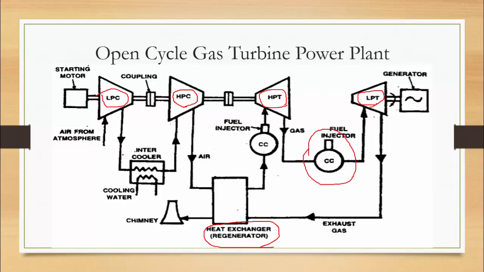Now you have to reduce the temperature of the output air of the low pressure compressor, since if the same air is given to the high pressure compressor, then the high temperature may damage the blades of the high pressure compressor. So an intercooler is located here in order to reduce the temperature of the output air from the low pressure compressor. So once the temperature is reduced from the output of the LPC, it is given to the HPC.